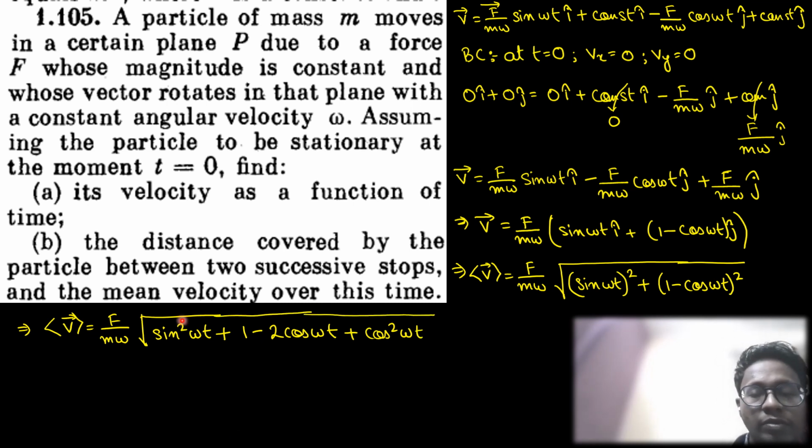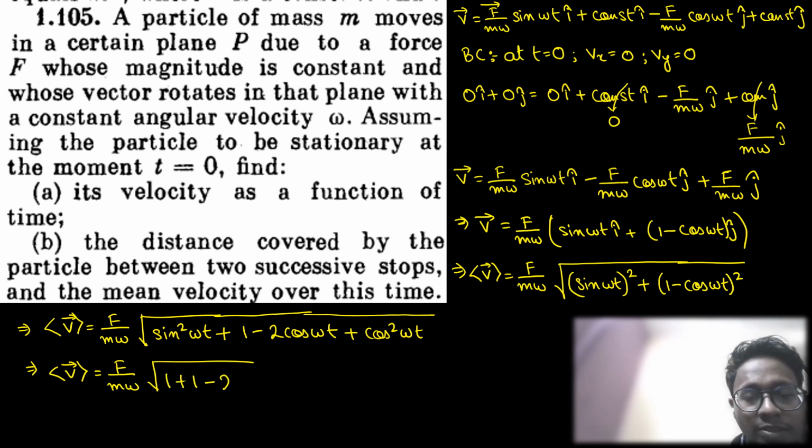Okay, what is sine square omega t plus cos square omega t? Sine square omega t plus cos square omega t is nothing but 1, so v is equal to f by m omega under root of (sine square omega t plus cos square omega t) is nothing but 1, plus 1 minus 2 cos omega t.